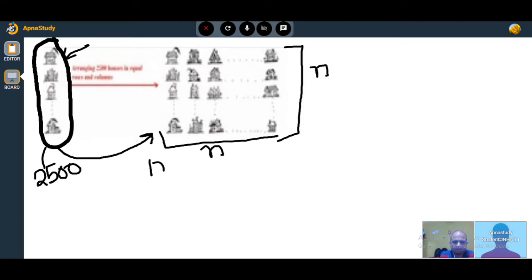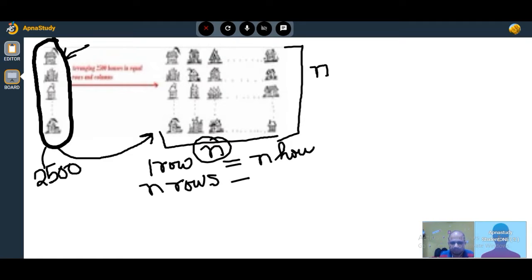If I take one row, there will be n houses. Now if I take all n rows, the total number of houses will be n times n, which is equal to n square.